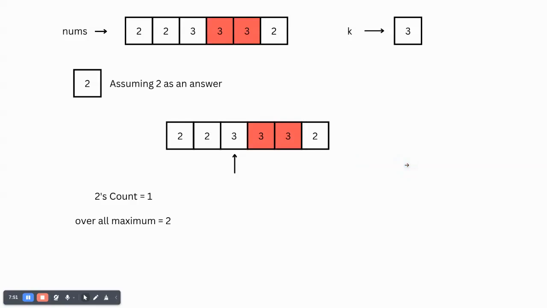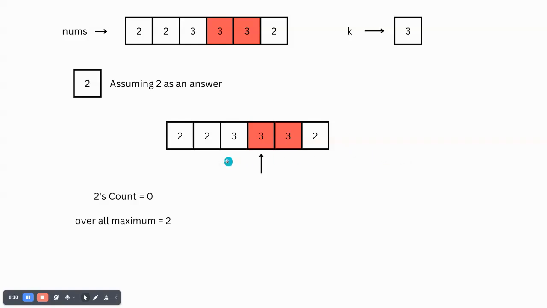So let me change the program to that, and let's try to visualize what's going to happen. So we're going to move forward, and 2's count is equal to 0. What does that mean? From the subarray that we choose, we're benefiting nothing. That's what it means.